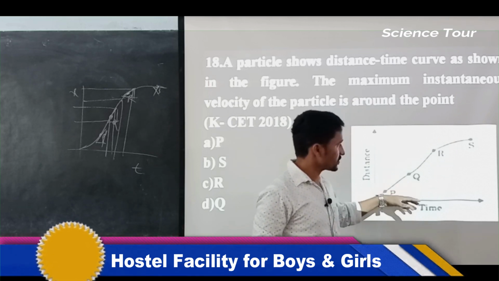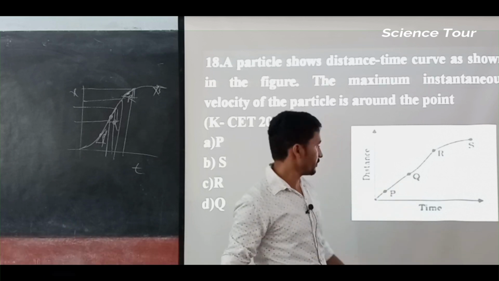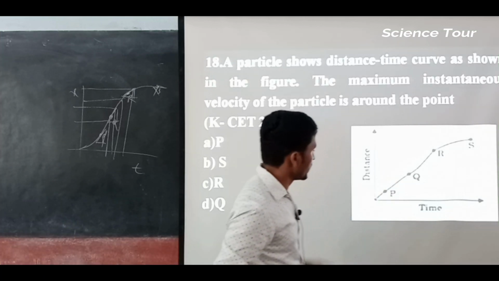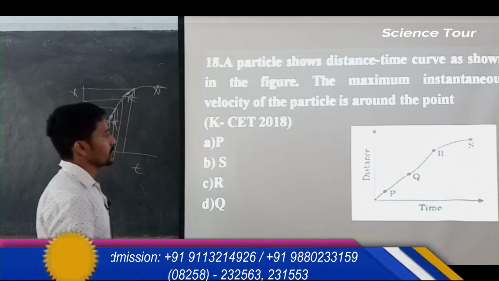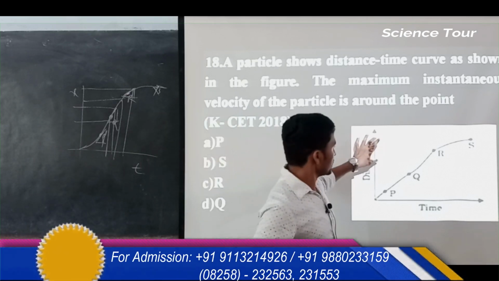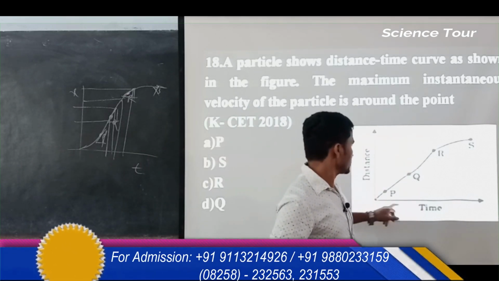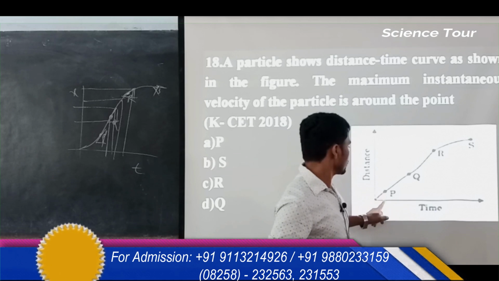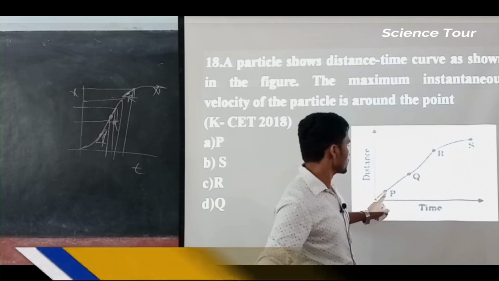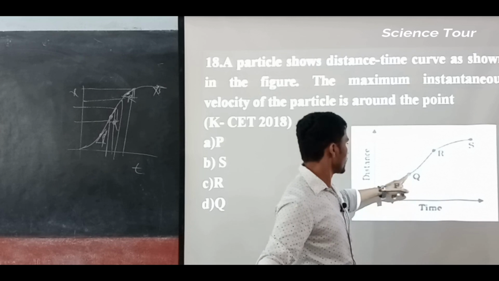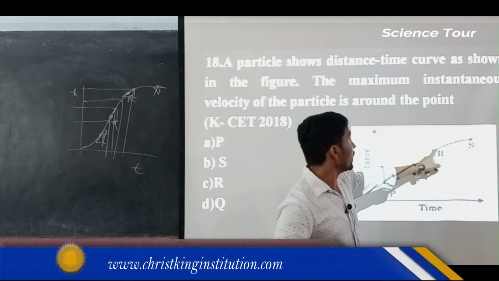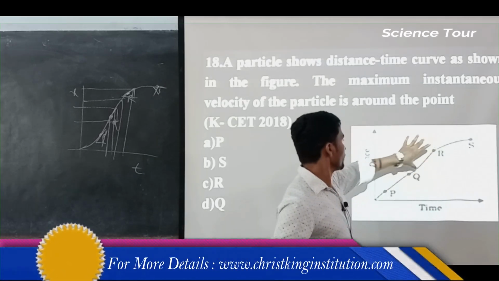So the figure is not clearly visible maybe for you, but the general concept is that more and more distance is covered with time t. O to P, less time, same distance. P to Q, same time, same distance. But Q to R, that is less time, maximum distance.